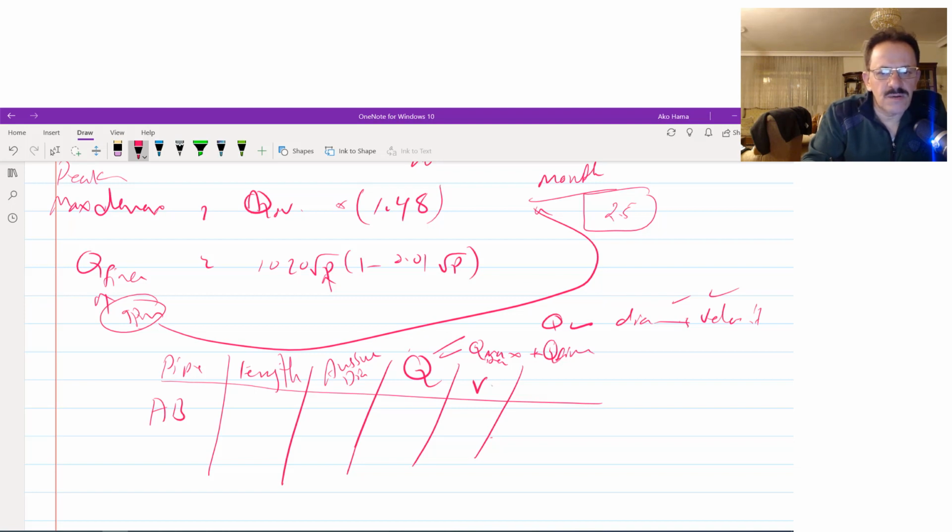Now find the head loss, which is equal to f L over D times V square over 2G. And then go to the next pipe BC and CD and so on.